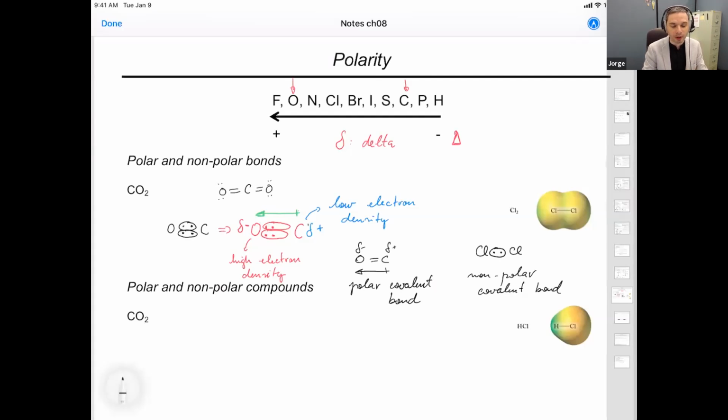So we can analyze bond by bond in a compound and determine if the bond is polar or non-polar. And then we can see the compound as a whole and determine if the whole compound is polar or not. Let's recap the CO2 example. CO2 is a linear molecule, and we are going to tackle that in the next chapter.